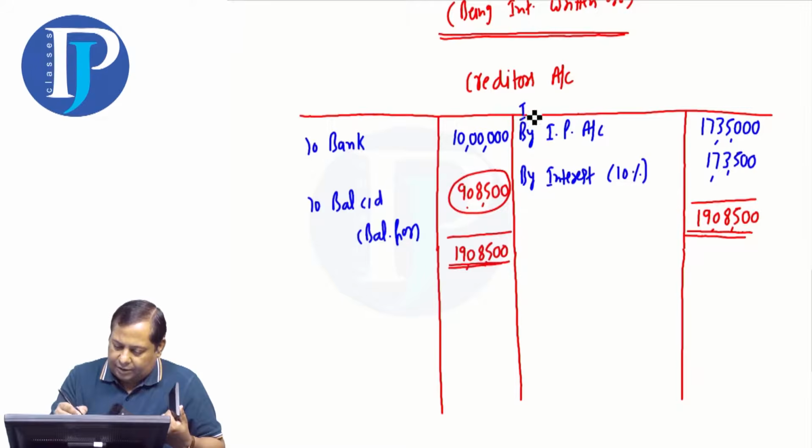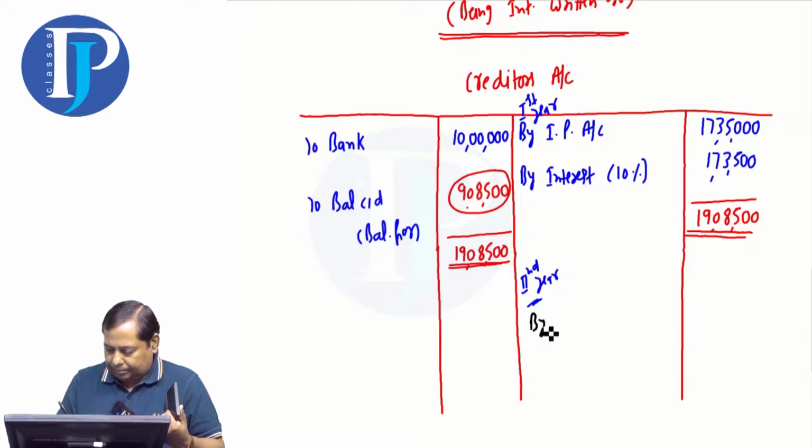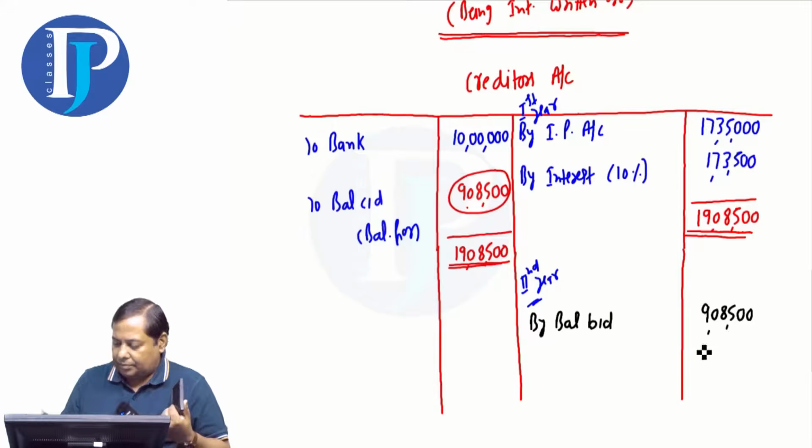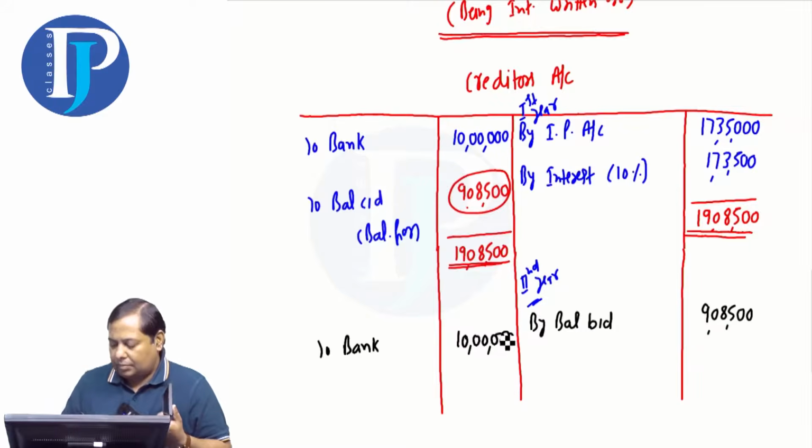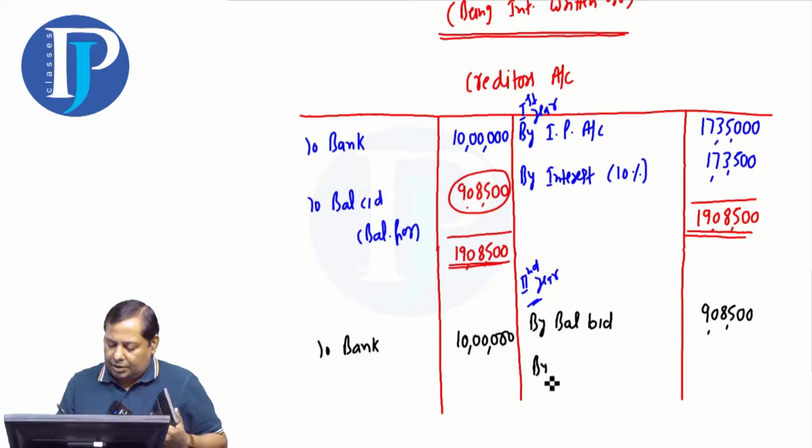This was our first year. We are now in second year. Here we will write 9 lakh 8,500. We will write to bank ₹10 lakh. Here we will write by interest.